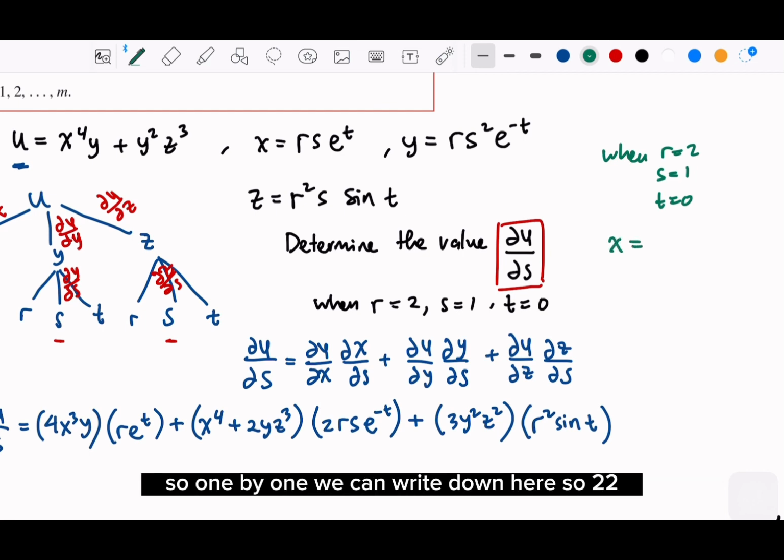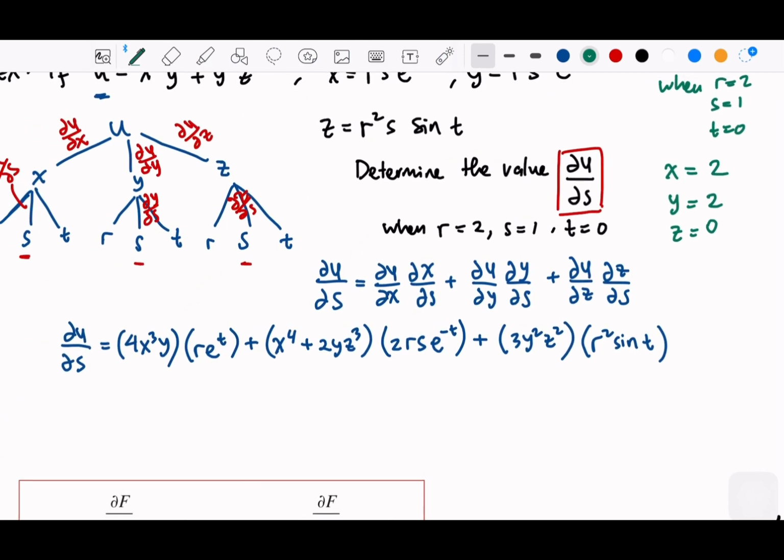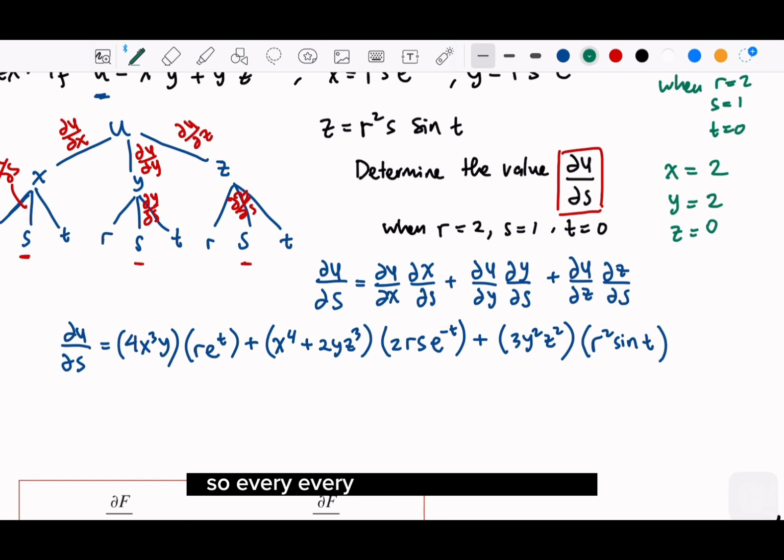So 2, so it's just 2, y is also 2, and z is 0. So every z will be 0.